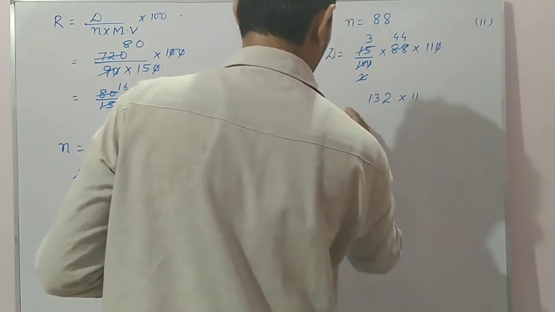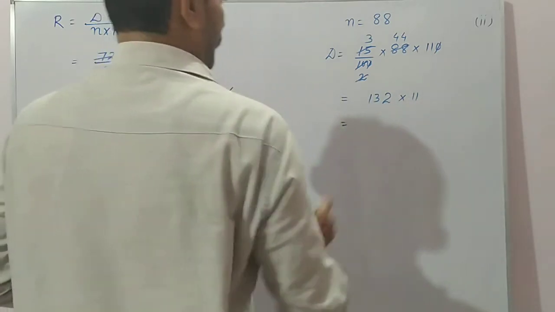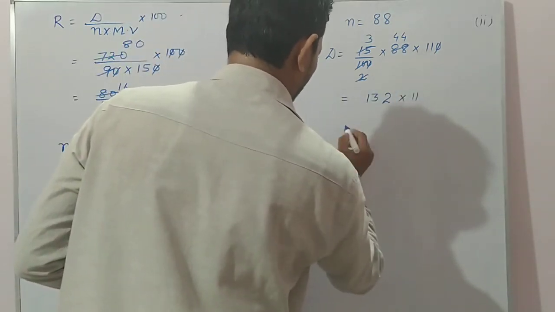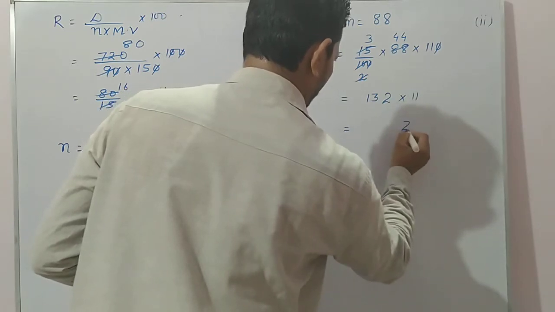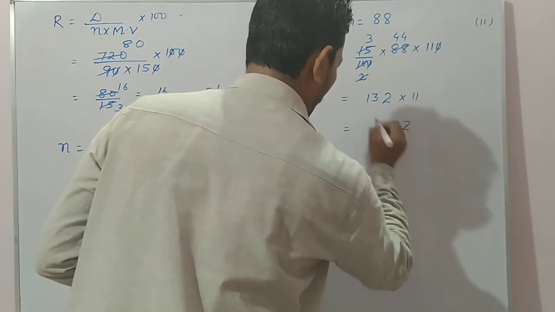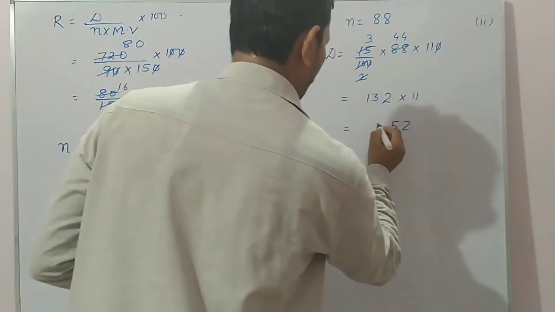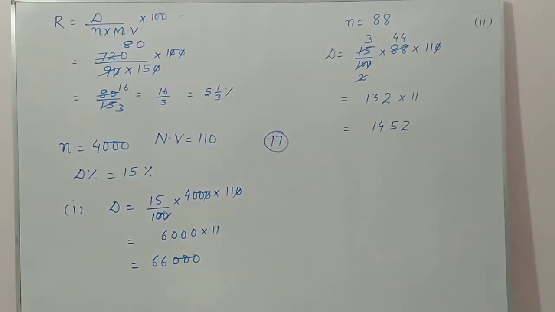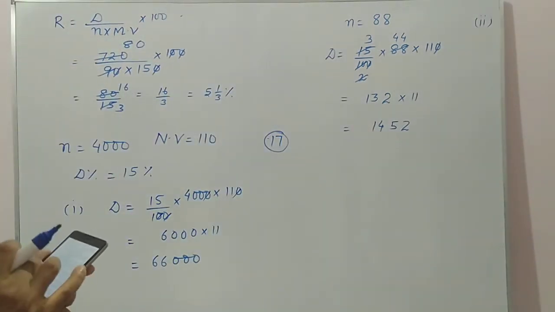So here you are getting 11 2s are 22, 2 11 3s are 33, 33 plus 2 is 35, 3 11 1s are 11, 11 plus 3 is 14, 1452. This is the dividend Shahrukh gets.